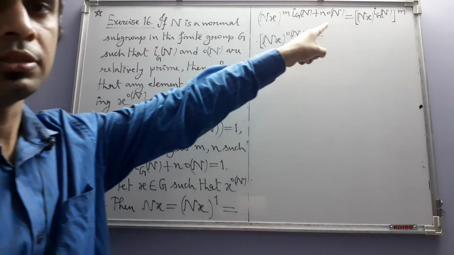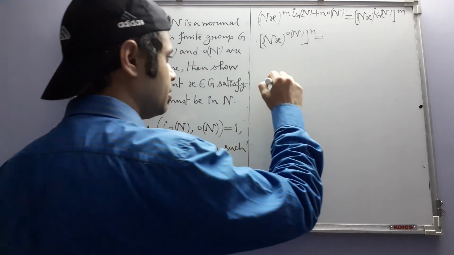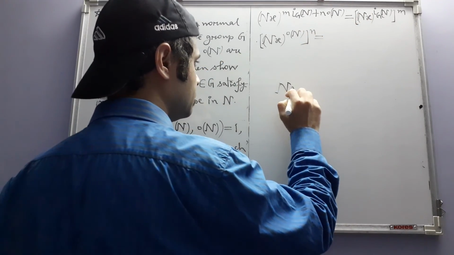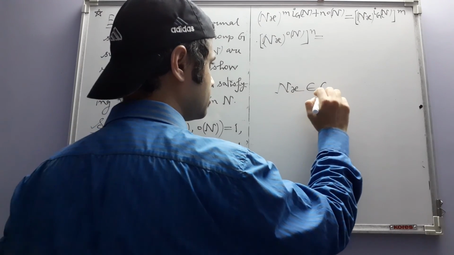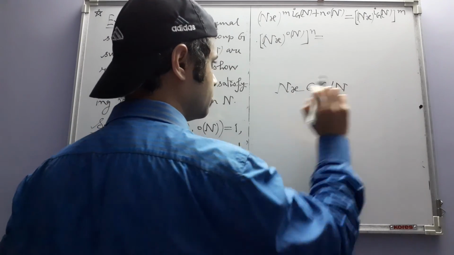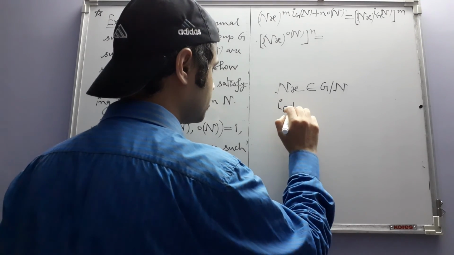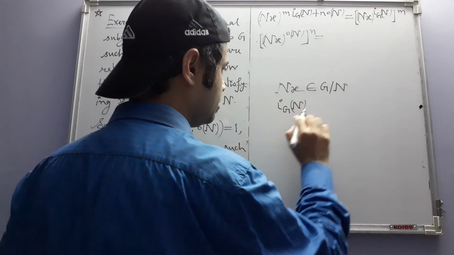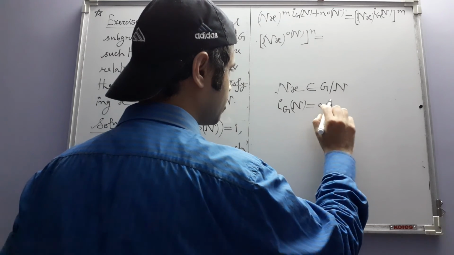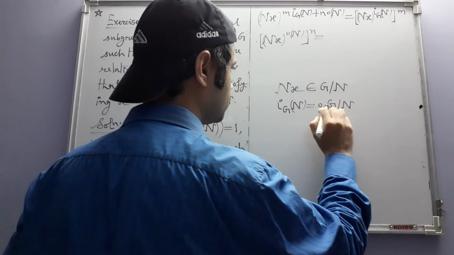NX is a coset of N in G, and hence it's an element in this quotient group, and the index of N in G is actually the order of this quotient group.